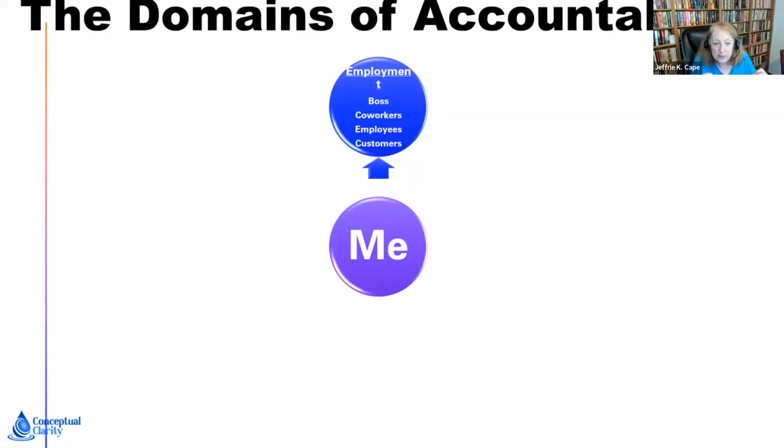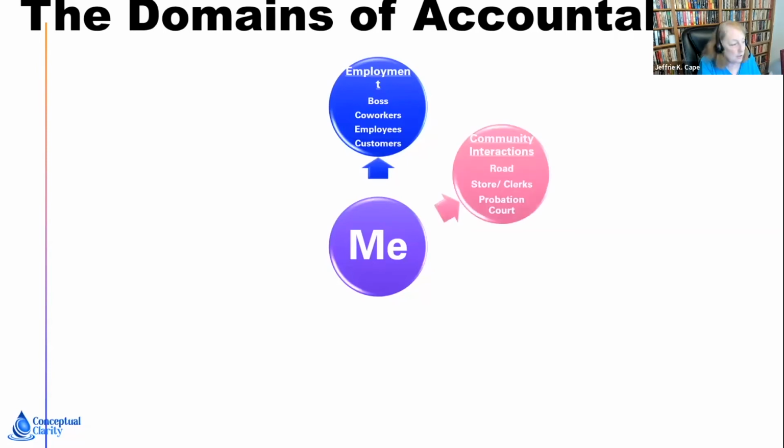If somebody's going to school or they're working on a certification because they hope to get a better job in order to keep their job, they are in the domain of employment. Community interactions, that's when they're driving on the road, interactions with store clerks, interactions with people that they're meeting in various places that they're going out in the community, interaction with probation or the court or individuals within that system.